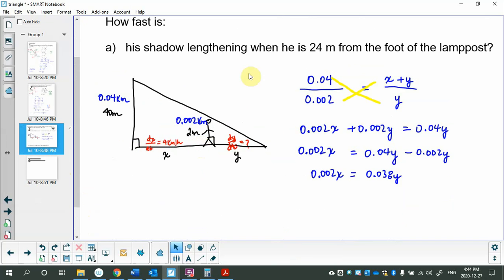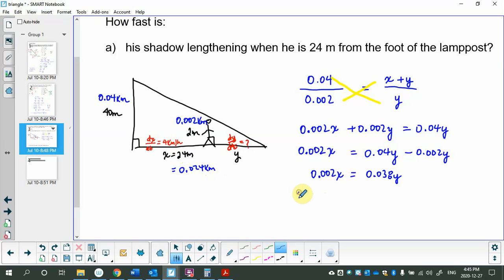And we do have to worry about the fact that x is 24 meters, which according to my calculations would be 0.024 kilometers. Crap, my color coding's all off. All right, so time for the derivative.